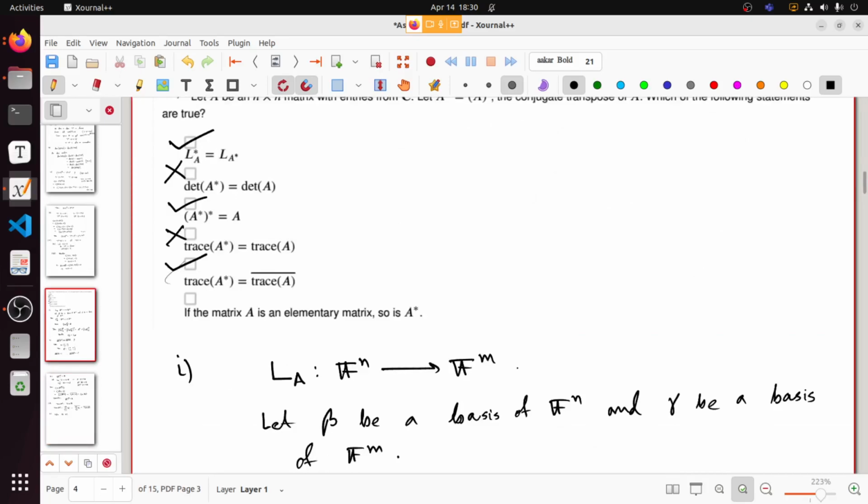Now what is option number 6? If the matrix A is an elementary matrix, so is A star. So that we have said in the first question, that the conjugate transpose of elementary matrices is again an elementary matrix, right? So let's prove it.